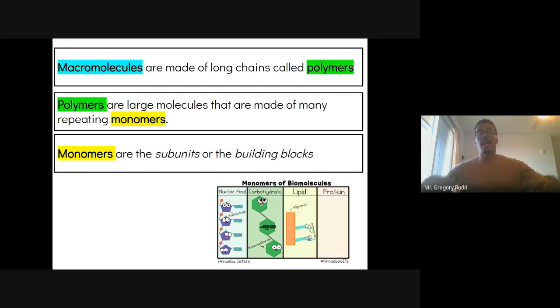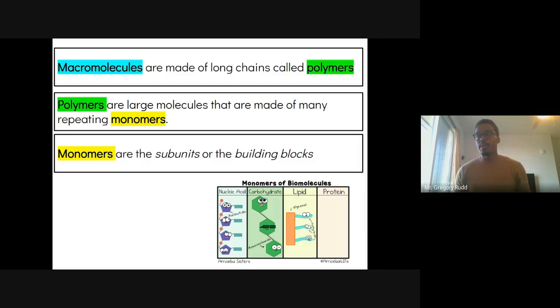If you've got hundreds of Lego pieces, now the possibilities are virtually endless. You can create any number of structures to do any number of things. And that's what these macromolecules are. They're combinations of many hundreds of smaller subunits or smaller monomers.